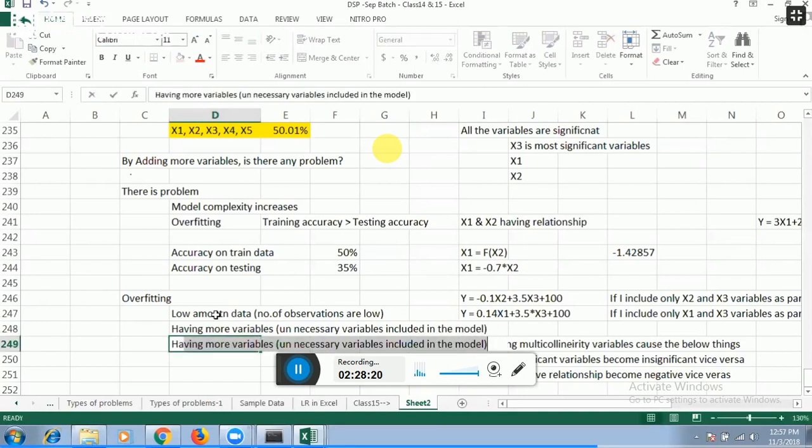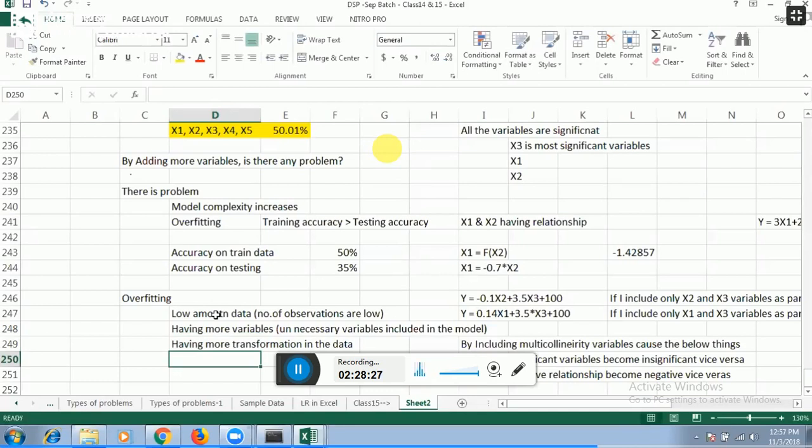Or having more transformations in the data. That means you include a lot of transformations, but the transformation is not contributing a significant impact, and that can also cause an issue, right? So these can be possible reasons. To avoid that, this is one of the key things.